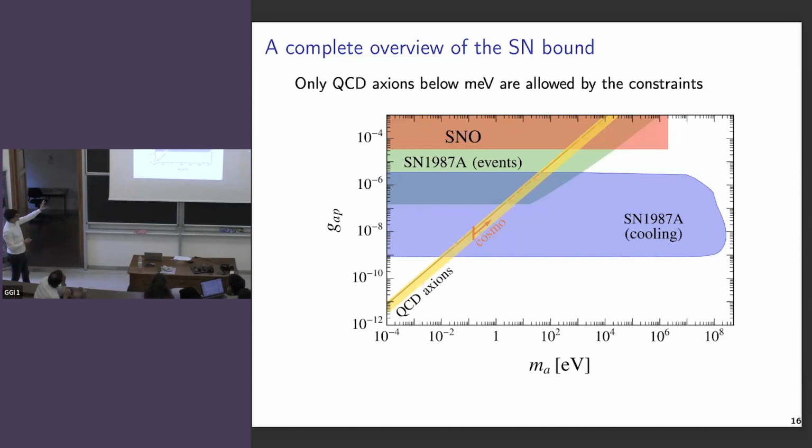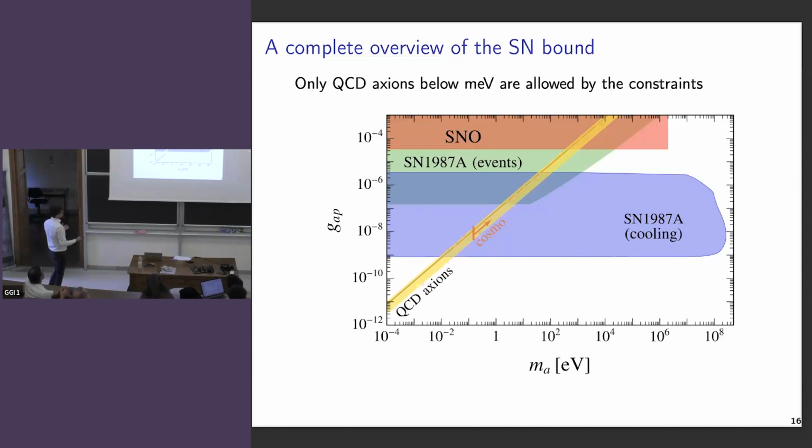In particular, the cooling bound excludes values of the coupling between 10^-9 and 10^-6, more or less, while the events exclude values of the coupling larger than 10^-7. So altogether, we can see that the supernova bounds can exclude the QCD axion band for masses larger than about 10^-2 electron volt.